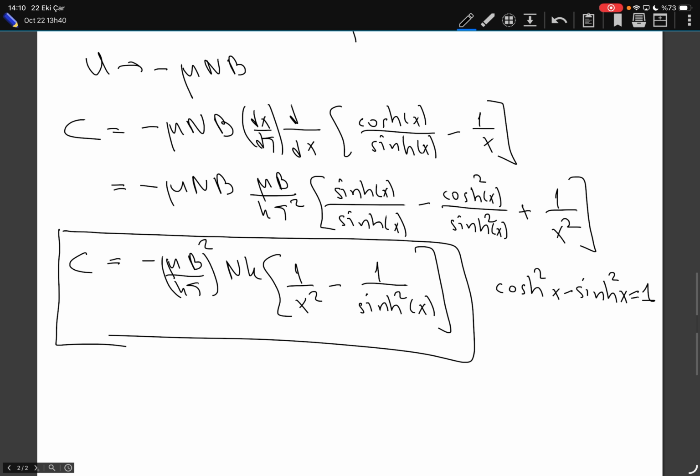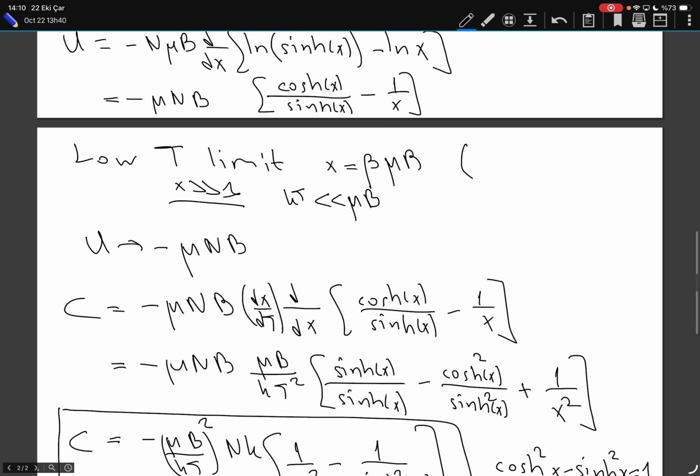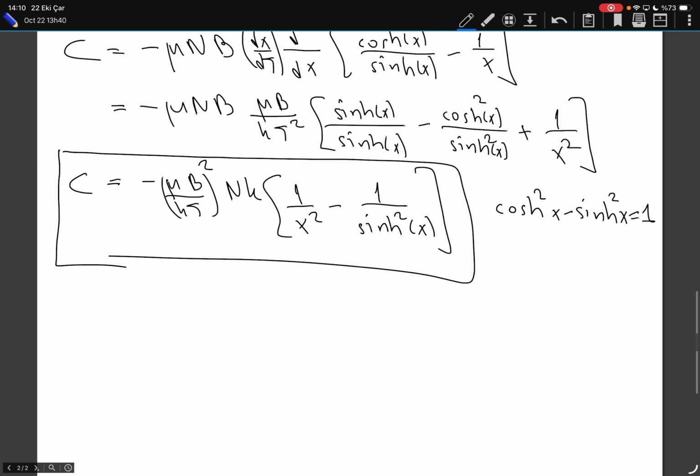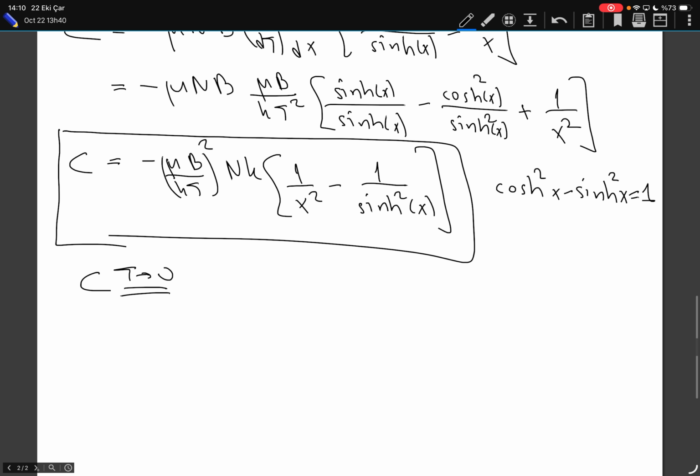Whatever c is. Now, if I go to the limit of very large x, x is much, much larger than 1. So this becomes, as t goes to 0, x is becoming very large, 1 over x squared is negligible. So I have the second term only times e to the power minus 2x. Why?